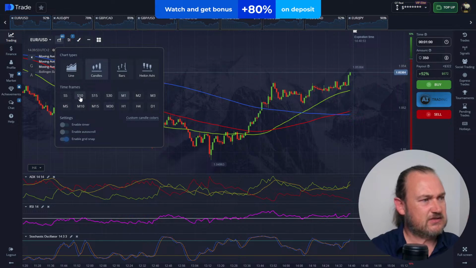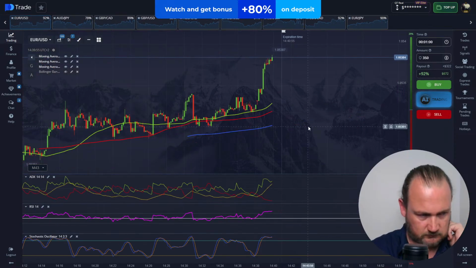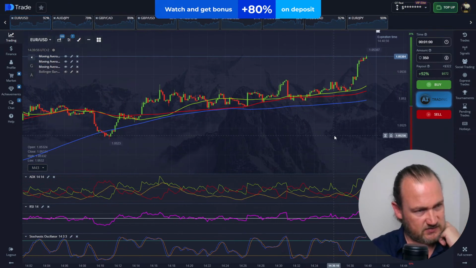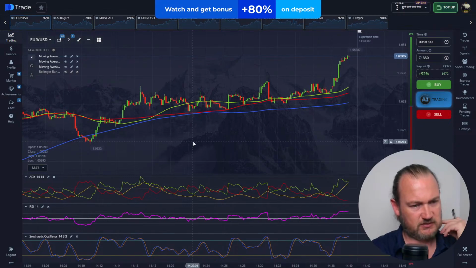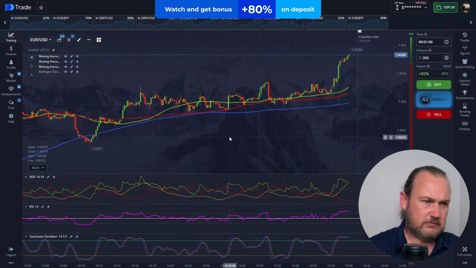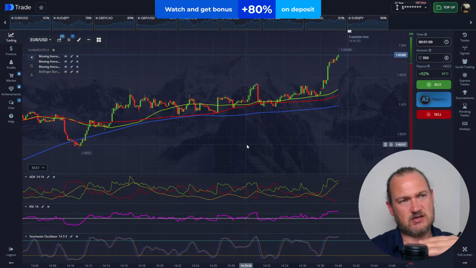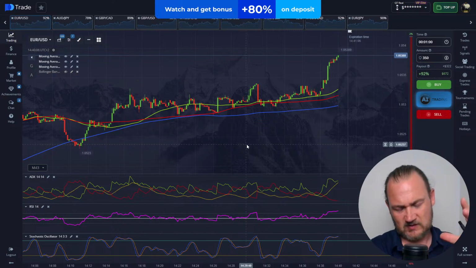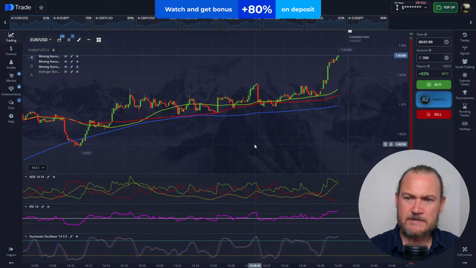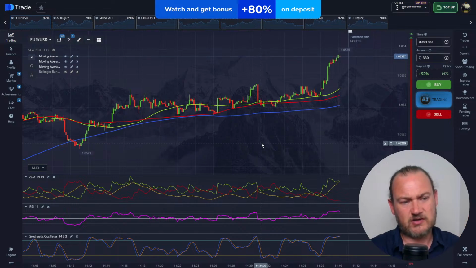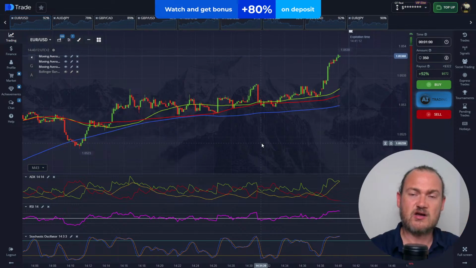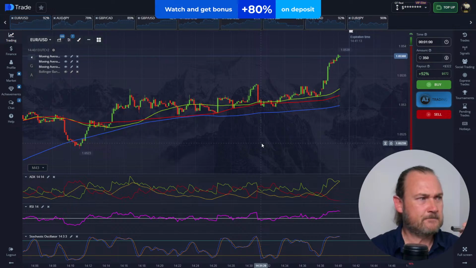Maybe let's look at a 10-second chart quick. 10 seconds tend to be a lot more choppy. So if you want to use the 3 techniques we discussed today on a 10-second chart, just know that the 10 seconds is a lot more choppy.